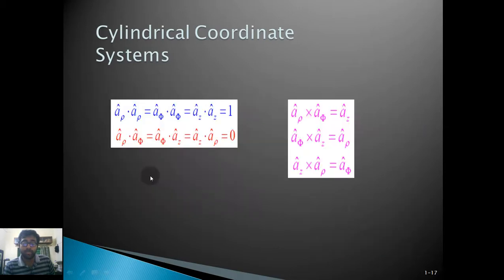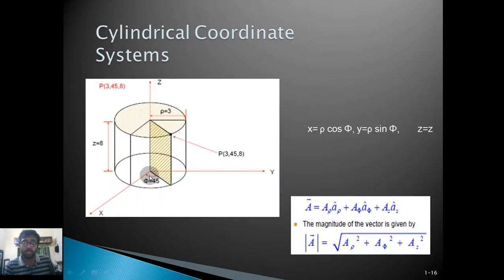Now this angle has been described as phi. This is also rho and this is also rho. If we decompose this vector, we will get two components of this vector rho. One is along the x-axis and one is along the y-axis. The value along the x-axis will be rho cos phi and along the y-axis will be rho sin phi.